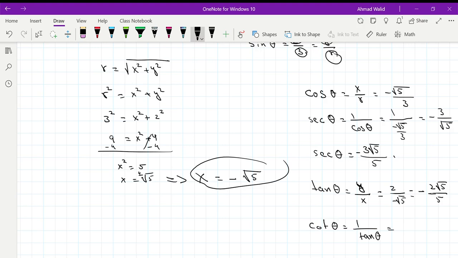It means 1 over negative 2 radical 5 over 5. Simplify this one, which gives you negative 5 over 2 radical 5. And you can rationalize it again here. Correct?